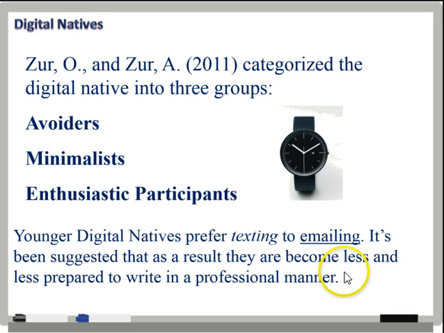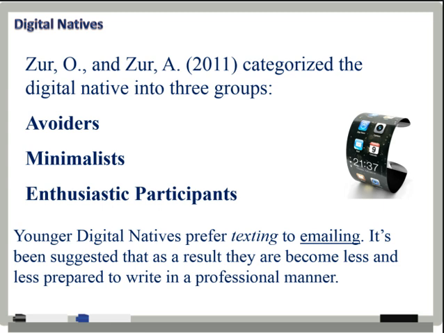And much like those things that only serve one purpose, they don't see that there's a whole lot of value in that. The wristwatch serves only one purpose, but the digital native would be looking for something a little bit more multifaceted.